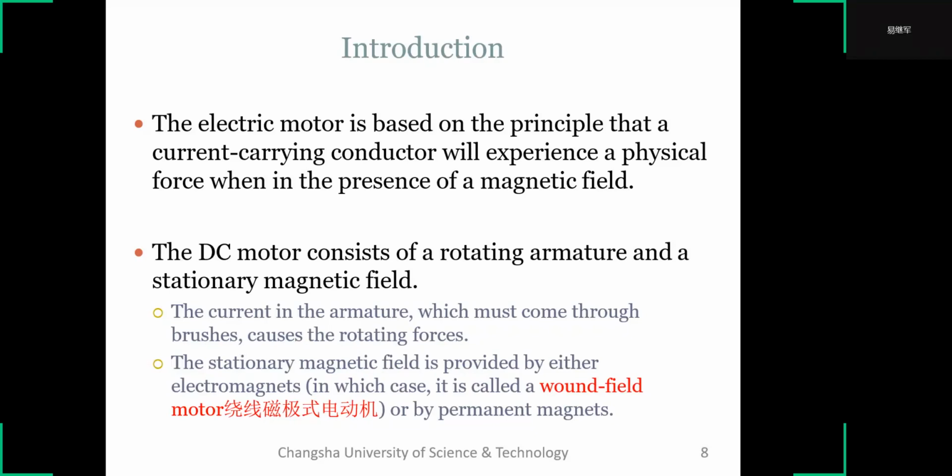The current in the armature, which must come through brushes, causes the rotating force. The stationary magnetic field is provided by either an electromagnet or by permanent magnets. When the magnetic field is provided by an electromagnet, it is called a wound field motor.